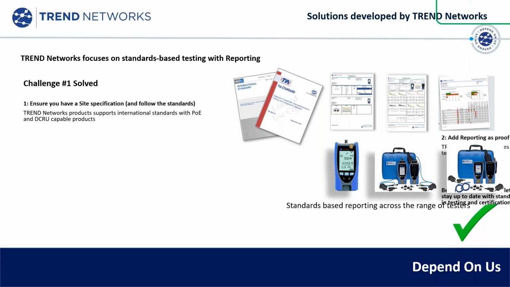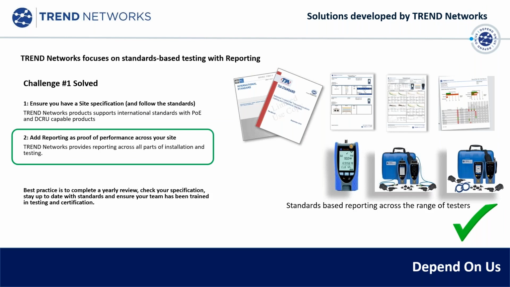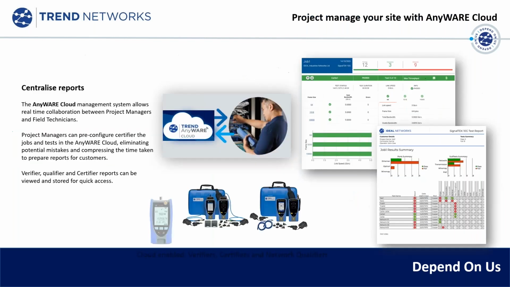We would always recommend a report, and most importantly, standards-based testing will have a site specification first, and then a report based on that standard. The critical point here is you can have your site specification based on a standard, but have a time-based proof of report against that.